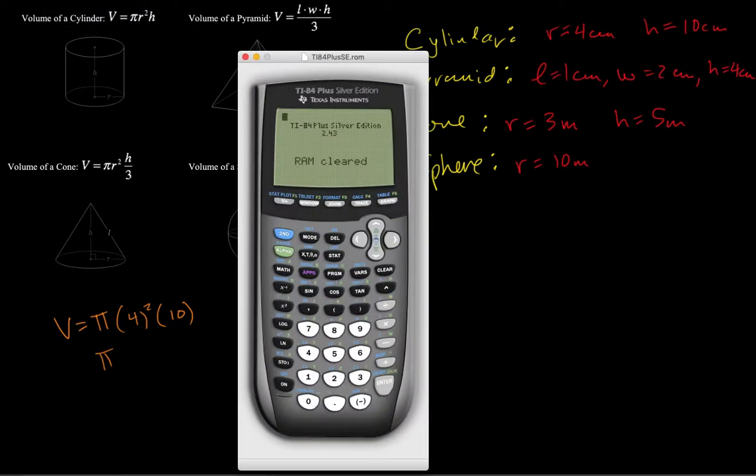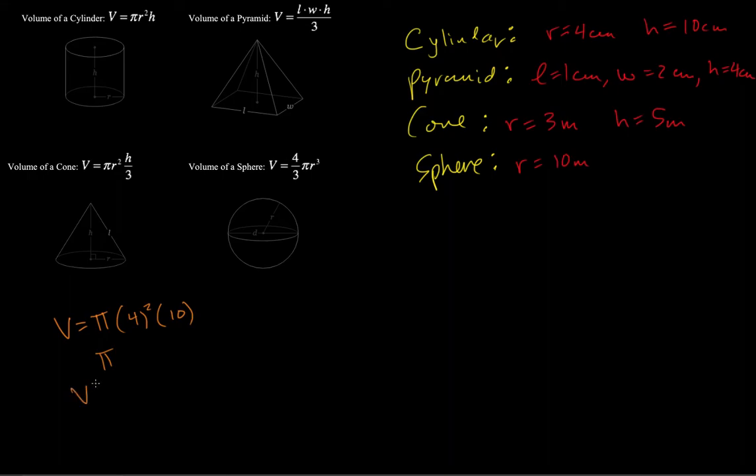We'll just get decimal approximations. Type in pi times 4 squared times 10. Let's just round to the nearest. So it's 503, and then the units originally were centimeters. Since this is volume, it's centimeters cubed. Okay, so that, once again, is for the cylinder.